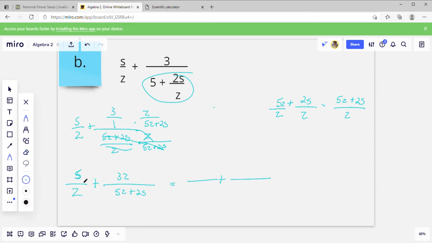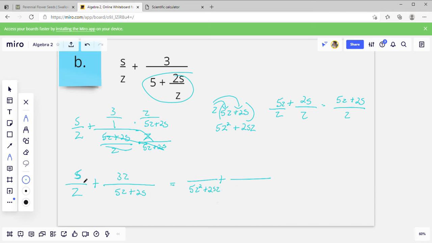It would be z times 5z plus 2s. So z times 5z would be 5z squared plus 2sz. Alright, so that's my new bottom, 5z squared plus 2sz.